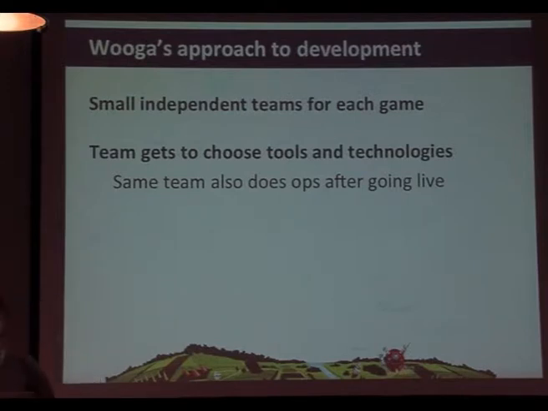But whatever you choose, you're also responsible for the operations of the system you build afterwards. And as the people building the backend are usually just a small part of this already small team, maybe 2 or 3 backend developers per game, you better choose wisely what you can run and support afterwards.